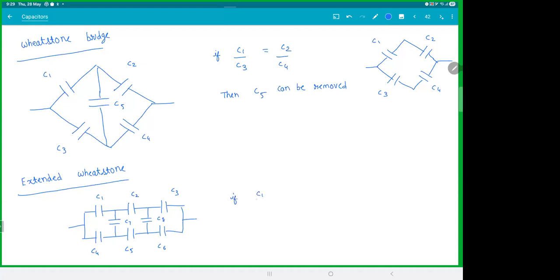If C1 by C4 becomes equal to C2 by C5 becomes equal to C3 by C6, all three should be satisfied, then you can remove C7 and C8. Even if one of them doesn't satisfy, let's say these two work but this does not, then the whole thing goes off. The circuit will lose its symmetry. So this is called an extended Wheatstone bridge. You can do this even if you have multiple things.